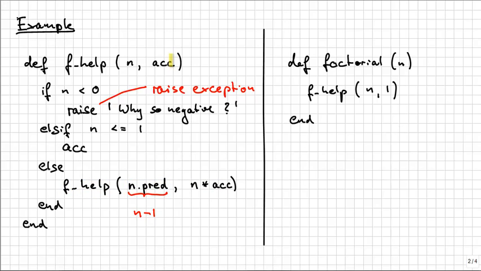And of course, to complete the definition of the factorial function, we give the definition here. Factorial of n is defined by a call of fhelp with n and the accumulator initialized to 1.